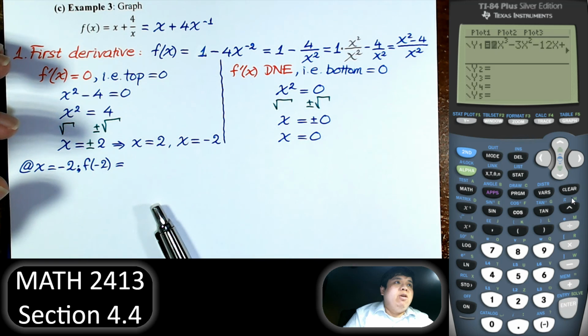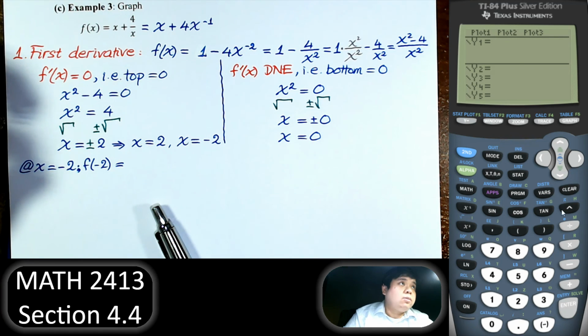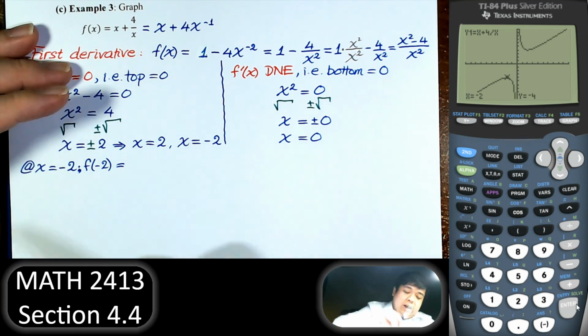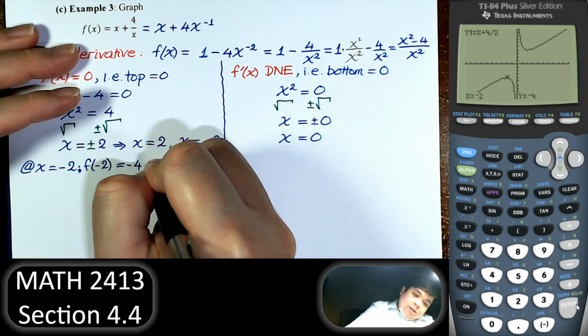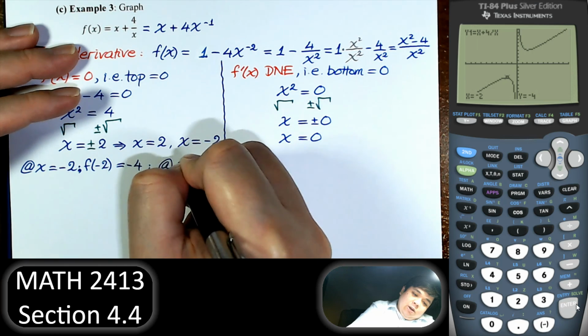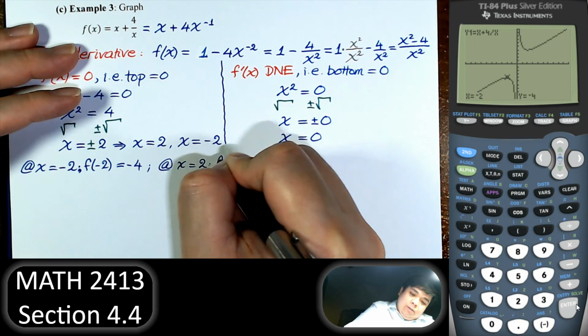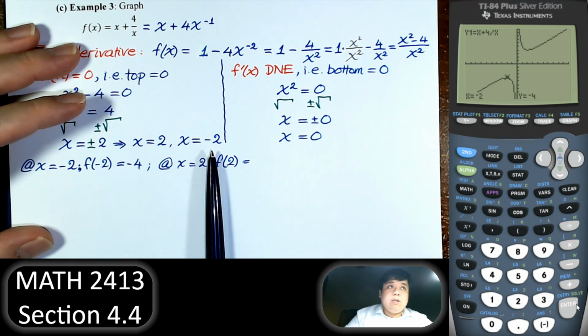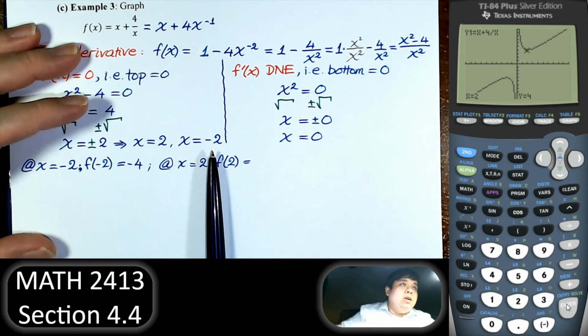Right, now I have the function x plus 4 over x, and then hit trace when x equal to negative 2, it is negative 4. At x equal to 2, f of 2 is equal to 4.